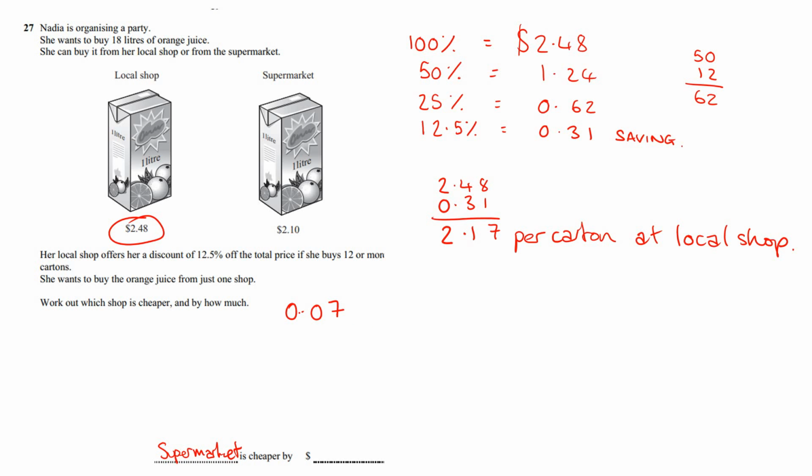So it's 7 cents, and she's buying 18 of them, so we need to do 7 cents times 18. Now you should be able to do that really easily. A good way to do it would be 7 times 8, which is 56, and then 7 times 10, which is 70, and add those up. $1.26 is how much it's cheaper by.